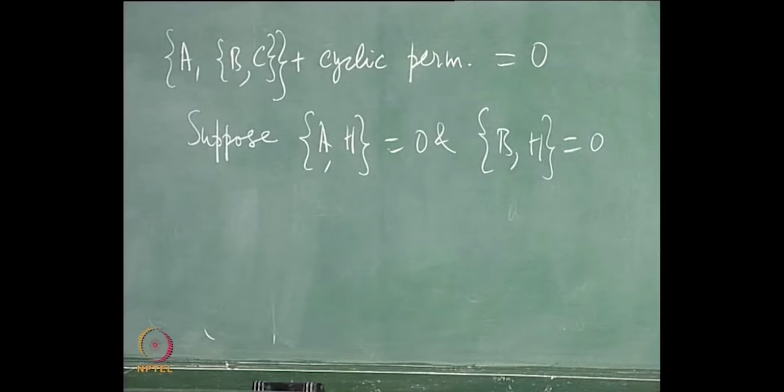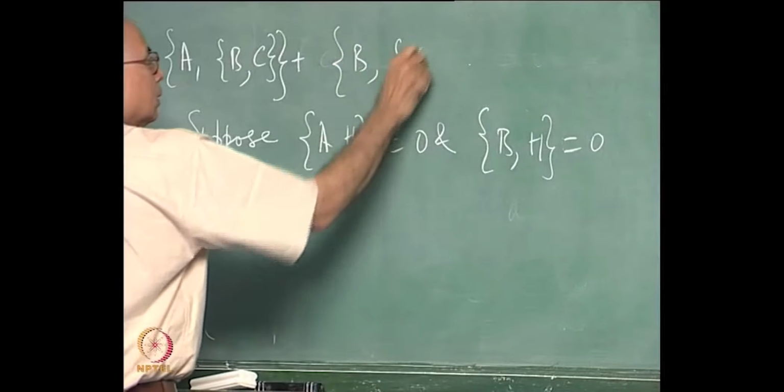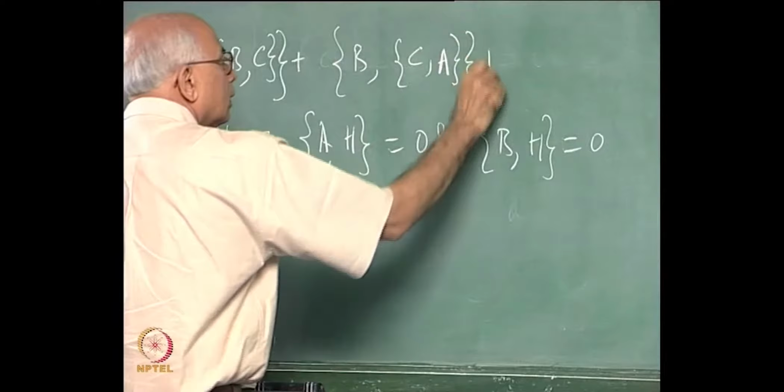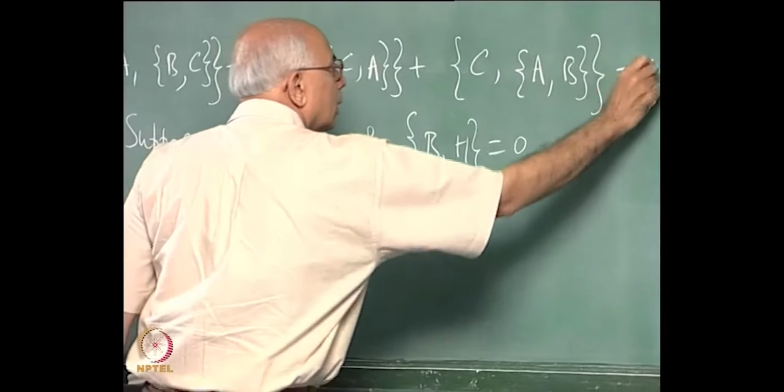What does that imply? What would that imply using this fact? Instead of C, replace it with H. What happens to the Jacobi identity? Let us write this out explicitly, plus B with the Poisson bracket of C, A plus C with the Poisson bracket of A, B equal to 0.